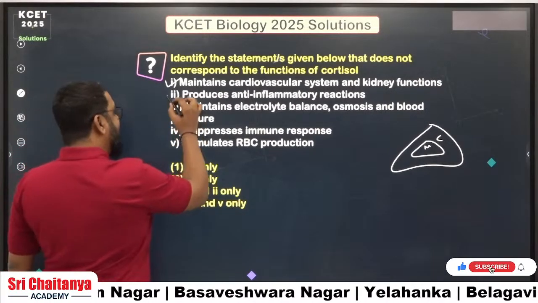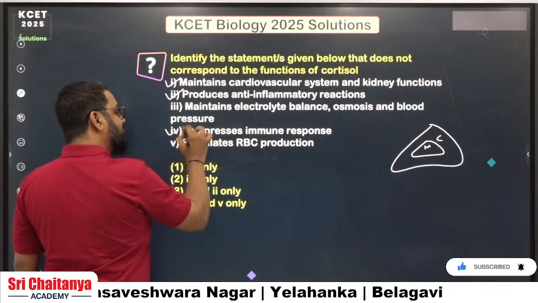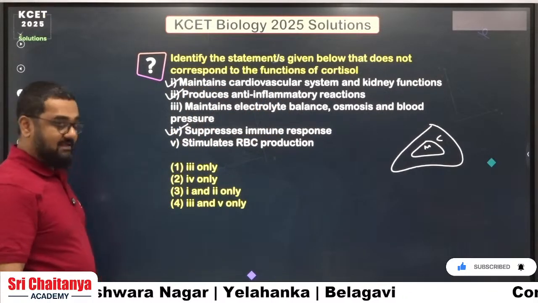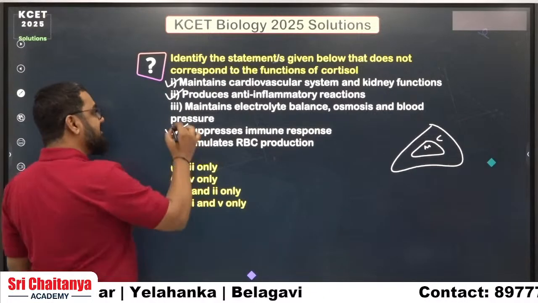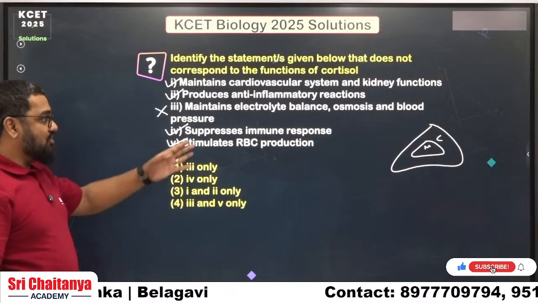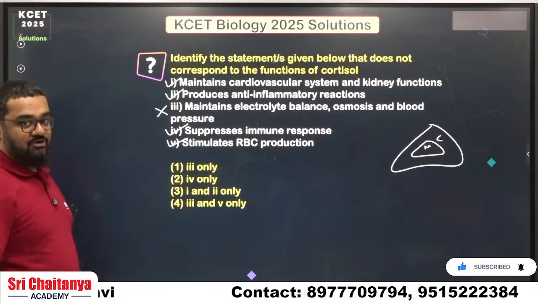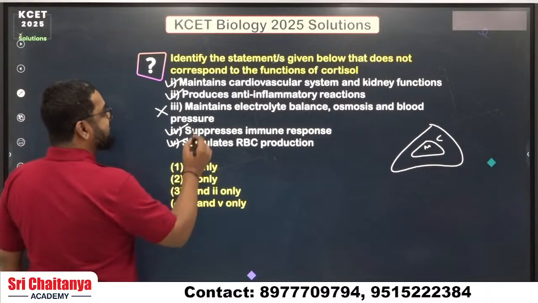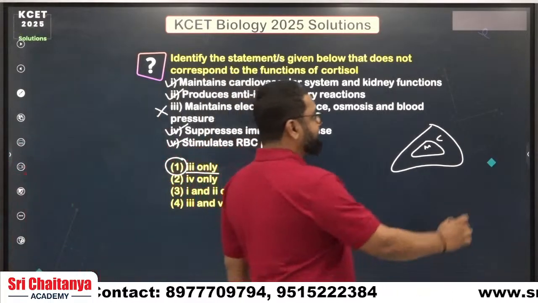It produces anti-inflammatory responses or reactions, because of which suppression of immune response will be there, right? It also stimulates RBC production, but something which it does not do is option 3, that is, maintains electrolytic balance, osmosis and blood pressure. This is the function of aldosterone, not cortisol.